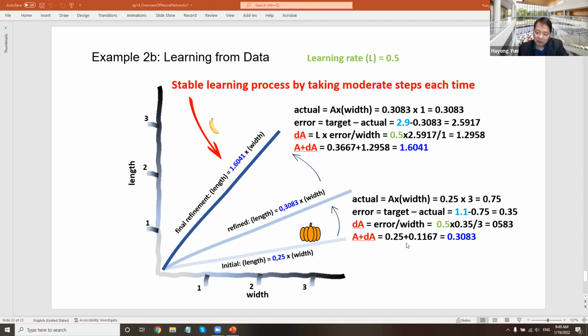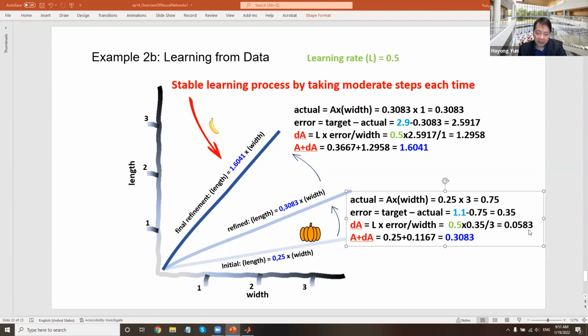Minus 0.75 gives 0.35, and the error over the width, but this time we put an L in here. So we get 0.058, and the adjustment is 0.3 here. So it's a little bit less than before.